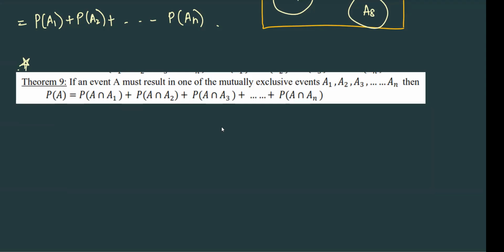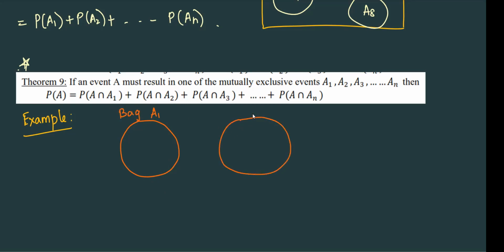So how does this happen? I'll take an example. Let's say we have 3 bags. This is bag A1, bag A2, bag A3.